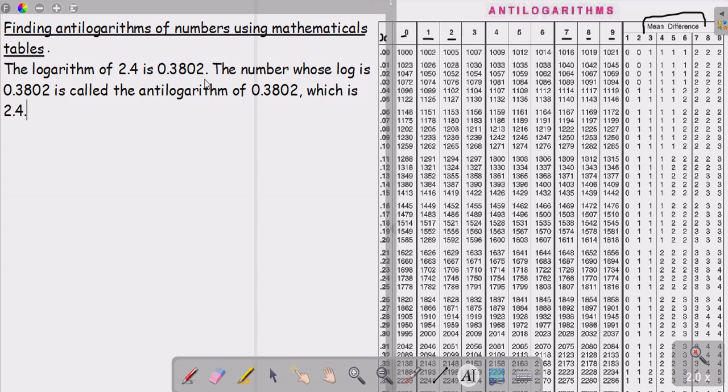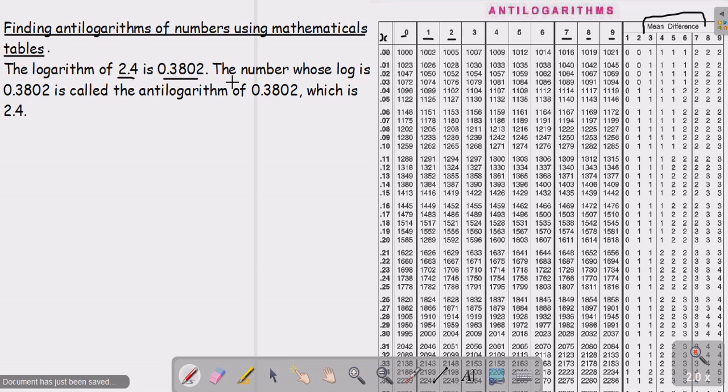Last time we looked at how to get logarithms of numbers, but today we are looking at how to get the antilogarithm of numbers. So here we are moving from the value of a log back to the number. Log of 2.4 is 0.3802.